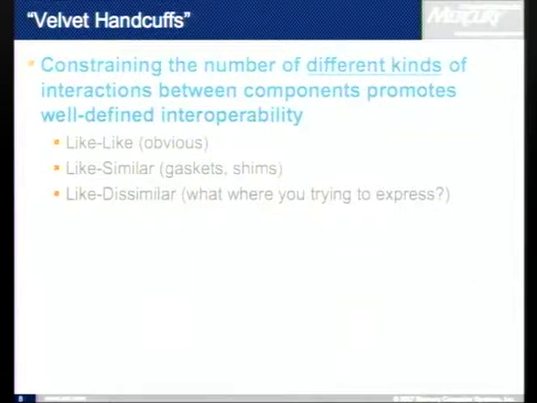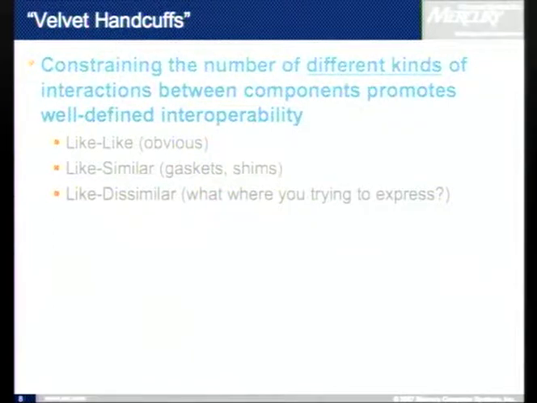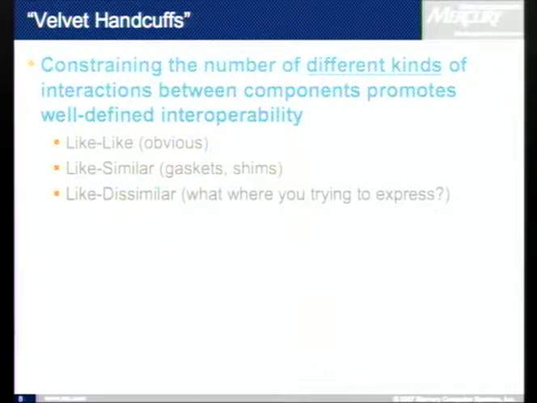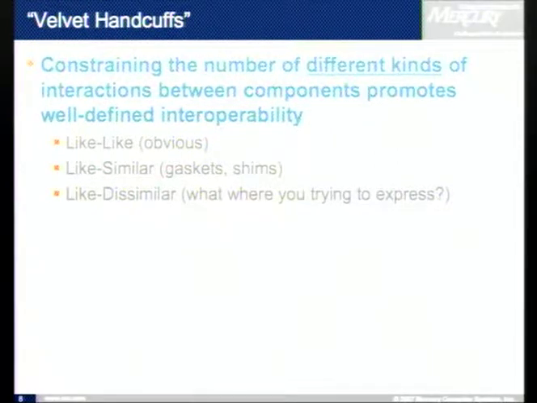With these velvet handcuffs, and specifically when I use this term applied to interfaces, we typically talk about producers and consumers, masters and slaves, initiators and targets. And the most obvious connection between these matching tuples are when they're like to like.